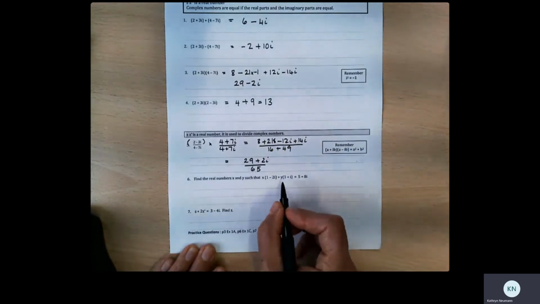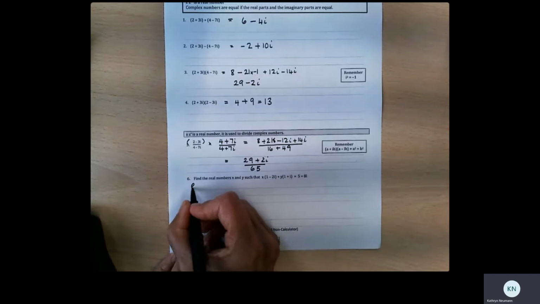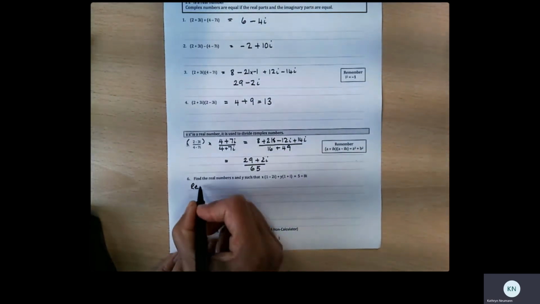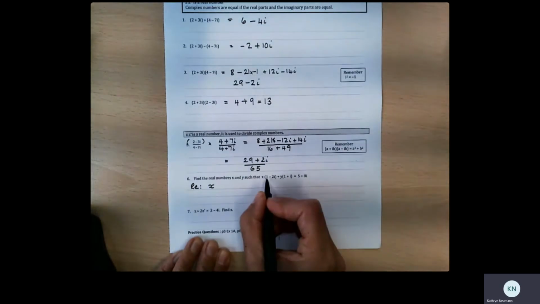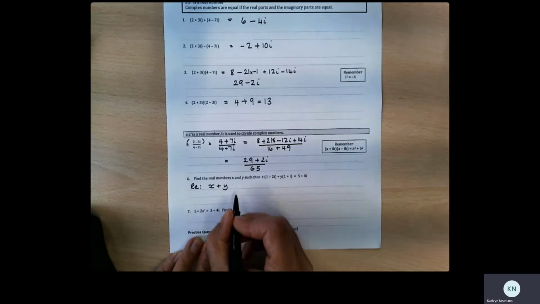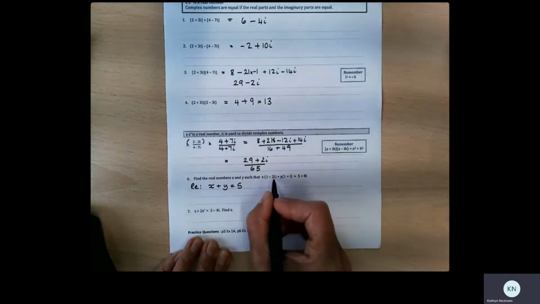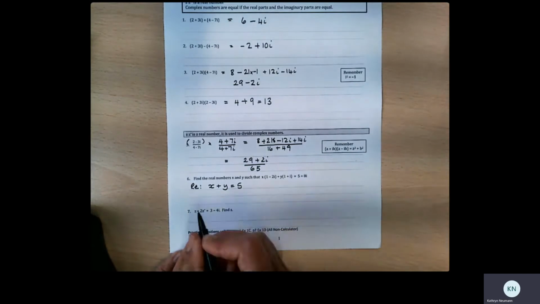So when I multiply this out and equate the real parts, we've got x multiplied by 1, and we've got y multiplied by 1, and that must be equal to 5, because the real parts on the left-hand side must be equal to the real parts on the right-hand side.